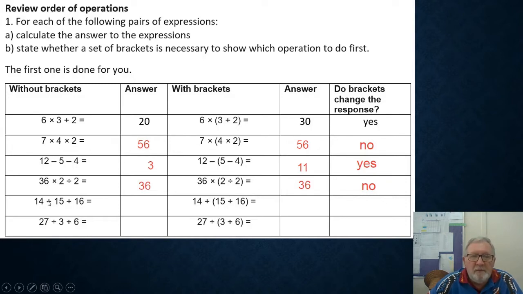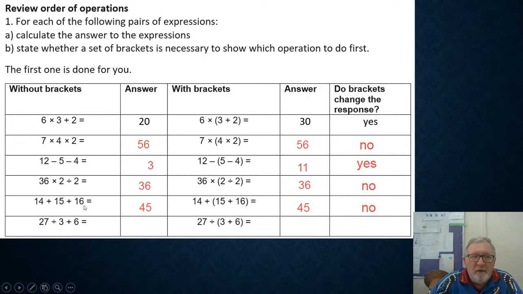All right, I predict this one is going to be similar to the second one because we said repeated multiplication can be done in any order, as can repeated addition. Let's see if I'm right. 45 is the result of that. No change. Now, just because I've noticed it, I'm going to tell you something else.